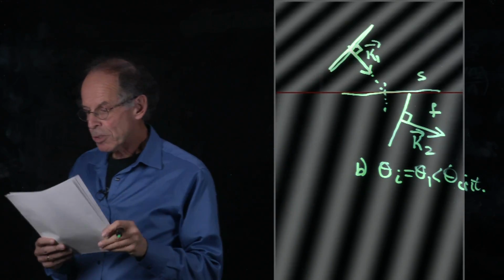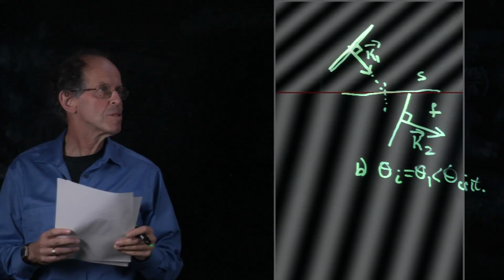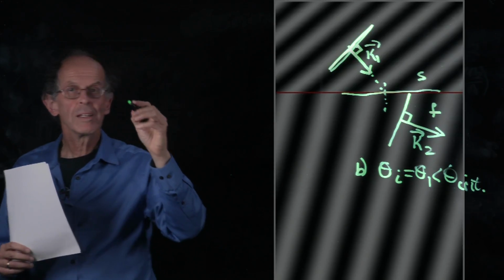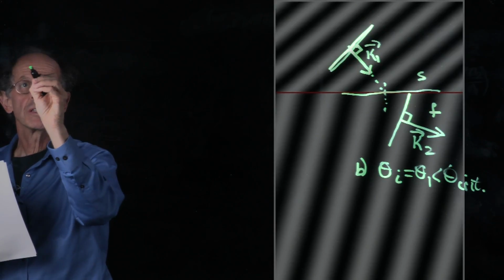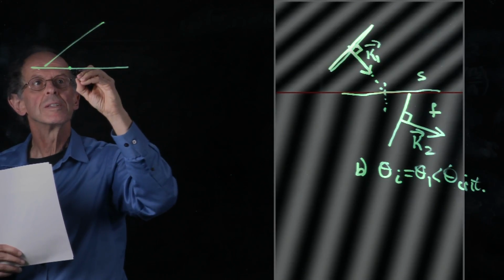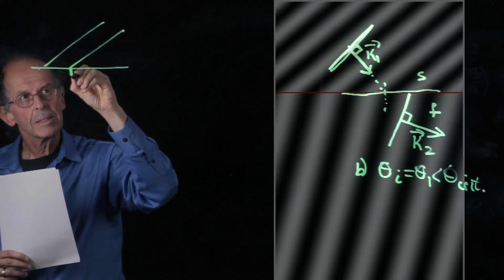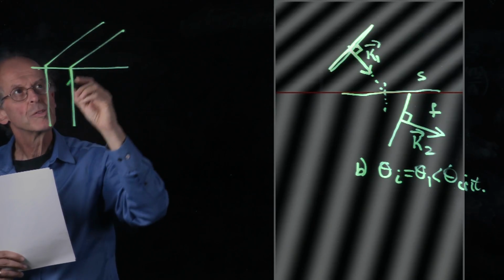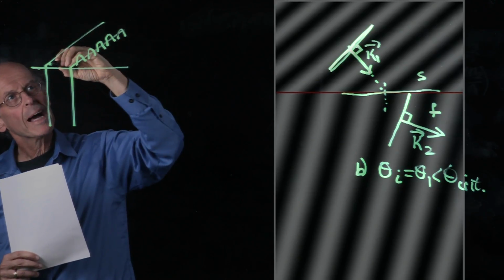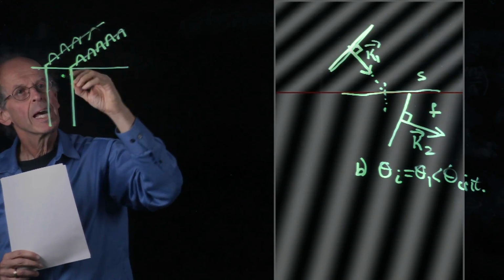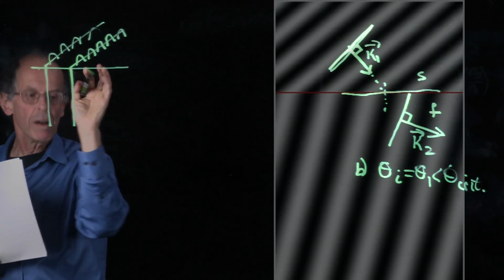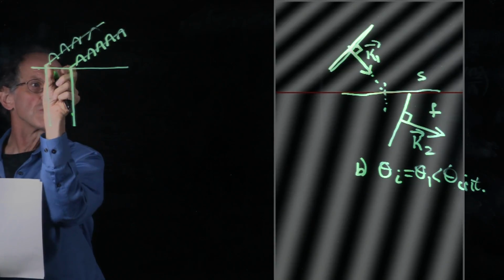Now, next question is draw the same picture of crests and troughs when you're at critical angles. So I'll just sketch out what it's going to look like. Here are the wavefronts. And at critical, these are like this. So these are like the peaks. They could be like the black. And this distance is going to be smaller. So I didn't draw this quite right. This distance is smaller.